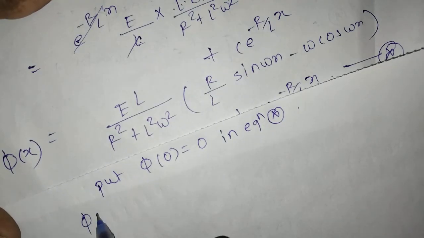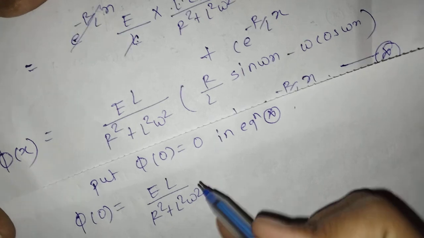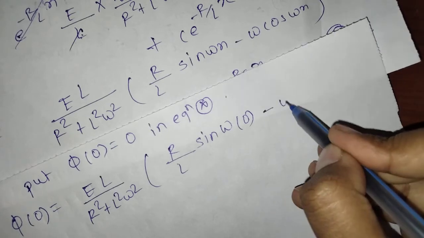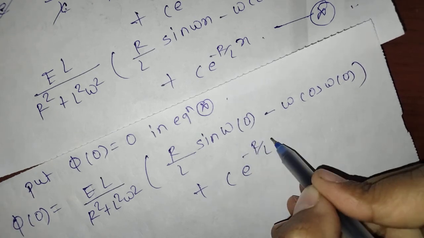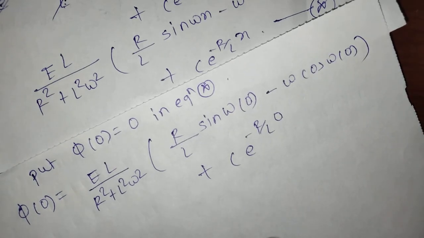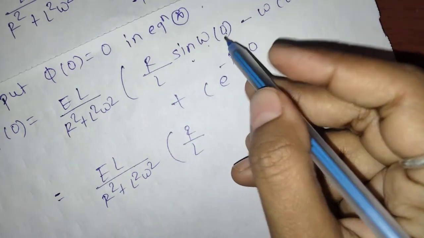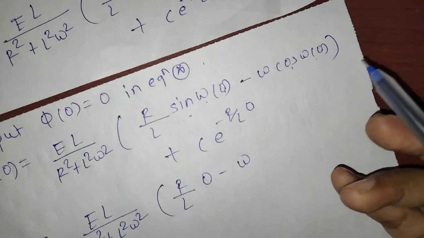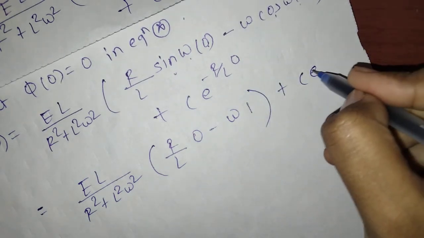We get phi of 0 is equal to EL upon r square plus L square w square as it is, (r/L) sin w into 0 minus w cos w into 0 plus c into e raised to minus (r/L) into 0. Sin w into 0 means sin 0 is 0, minus w cos w 0 means cos 0 which is 1, plus c into e raised to 0 means 1.